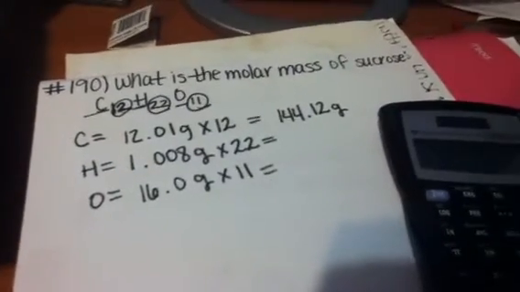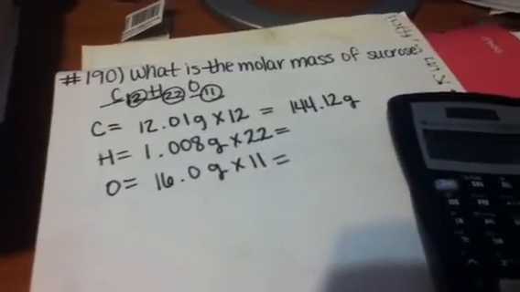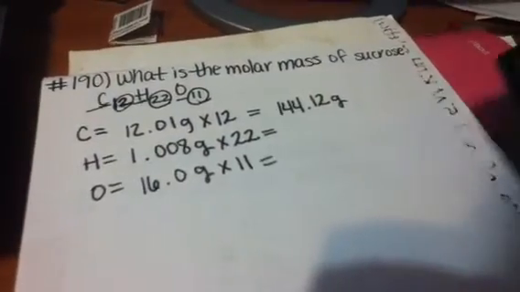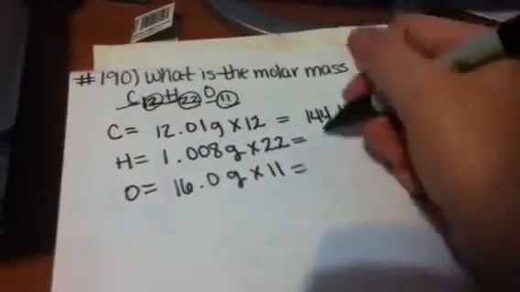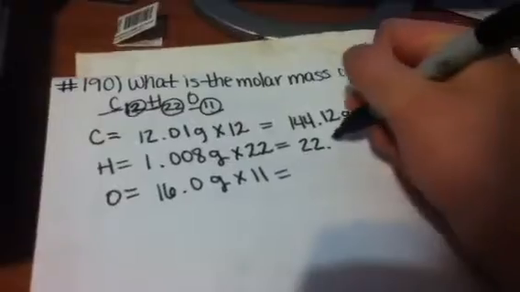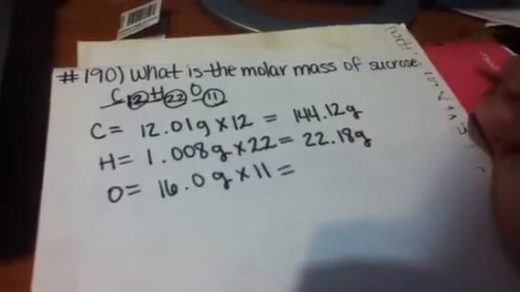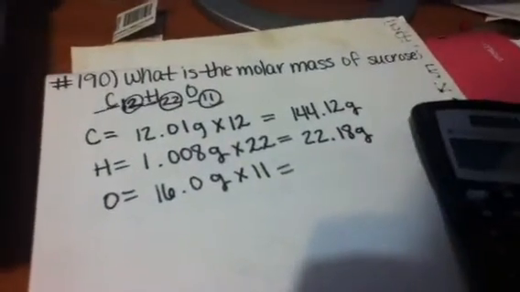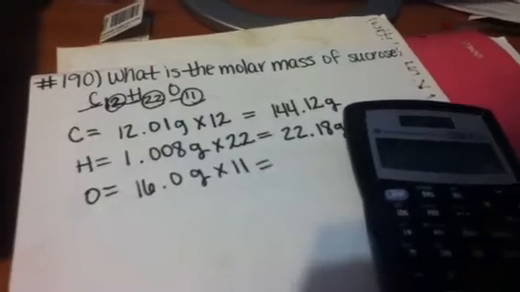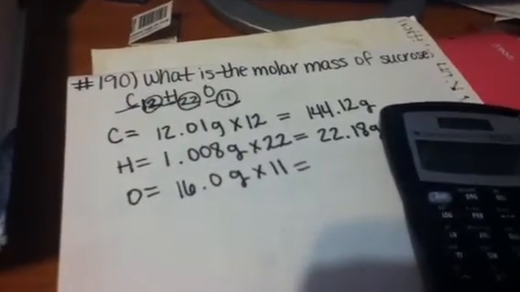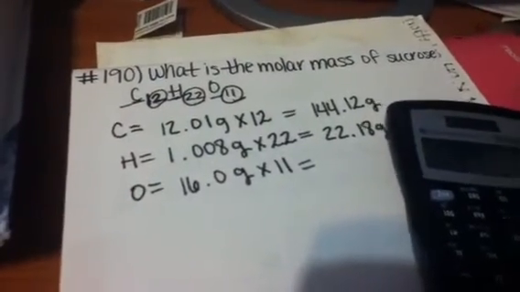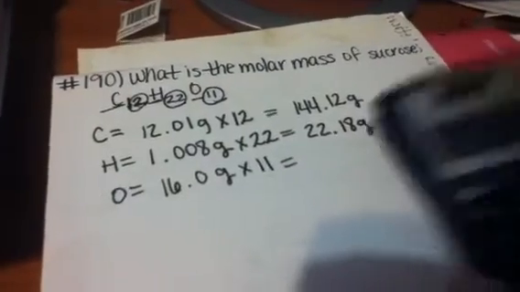Plug in 1.008 times 22 hydrogens. That's 22.18 grams. And then last but not least, we solve for the mass for the total oxygens. That's 16 times 11 oxygens. That gives us 176 grams.